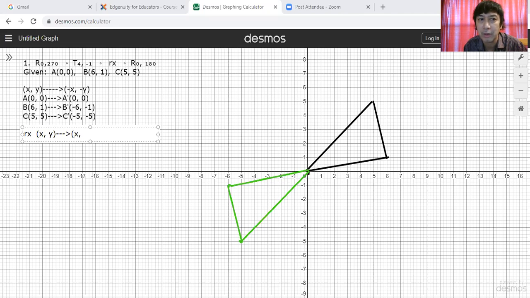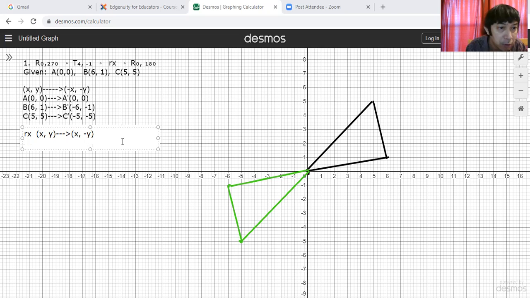The y values will be changing by just the sign, so negative y there. The reflection is about the x-axis, but the y values will be the ones changing. So this is the rule. From the original x, y values, the rule is x comma negative y, and that's it. We'll be able to compute for the next points.